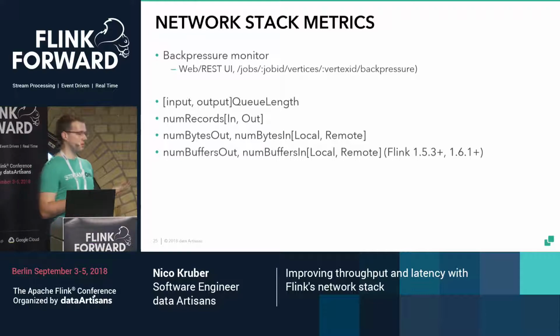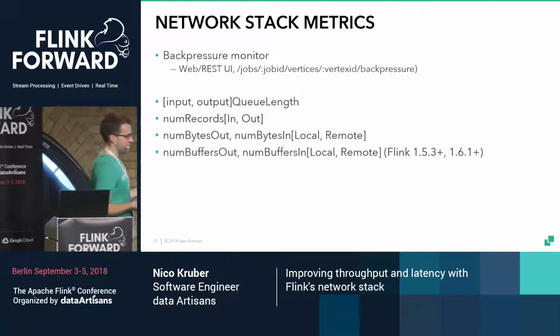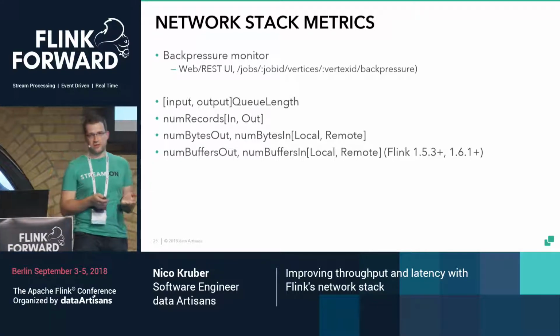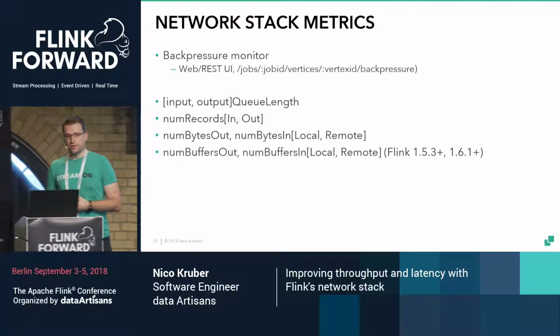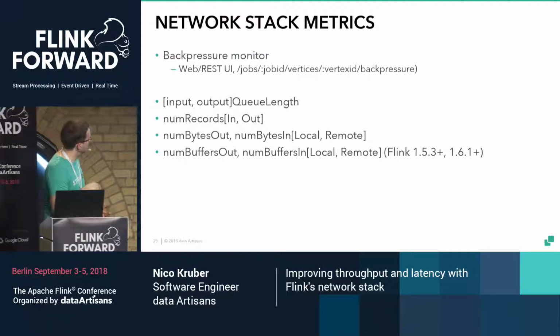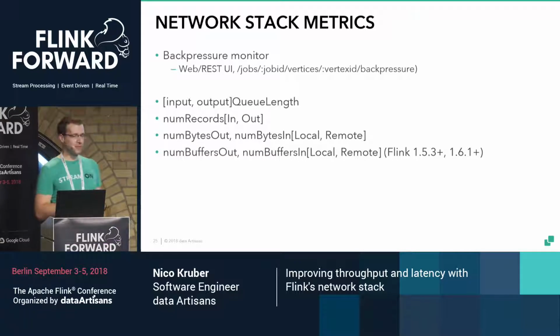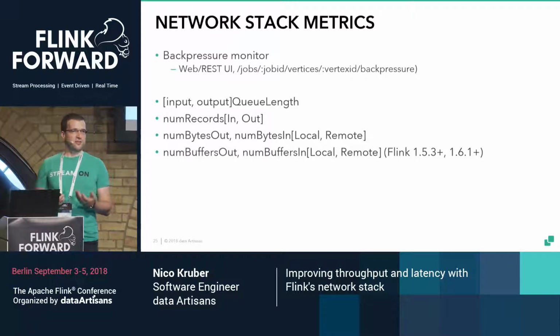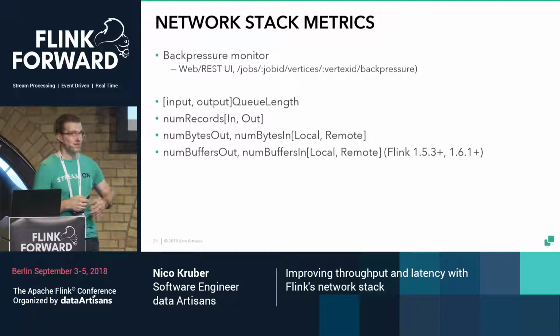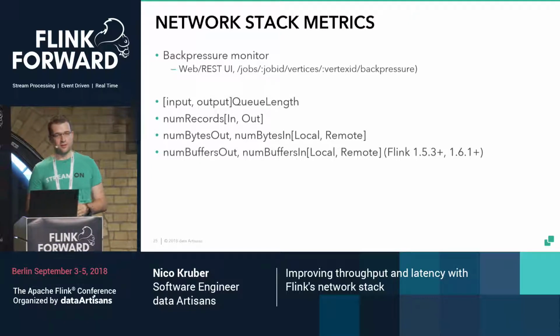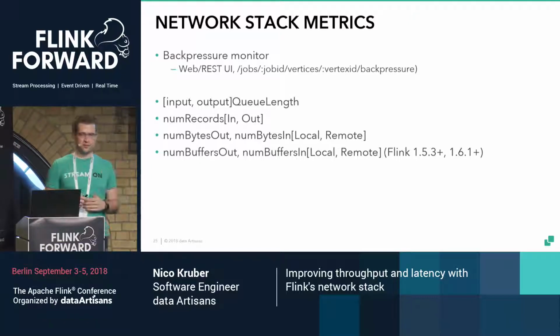If, in the extreme case, you set a buffer timeout of 0 milliseconds, you'll always flush with every record. You should see the overhead in the number of bytes per buffer. But even if you set it to something like 10 milliseconds, you could get low rates there as well. But that's the trade-off between throughput and latency.